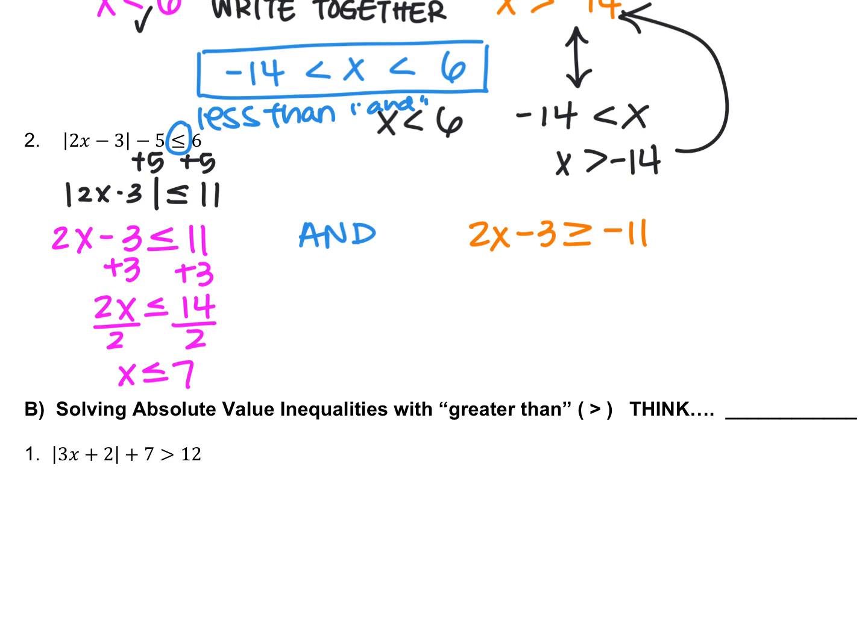So we get x is less than or equal to 7 for the first one. 11, 10, 9, 8. So negative 8. And we get negative 4. So we have 7 and negative 4.